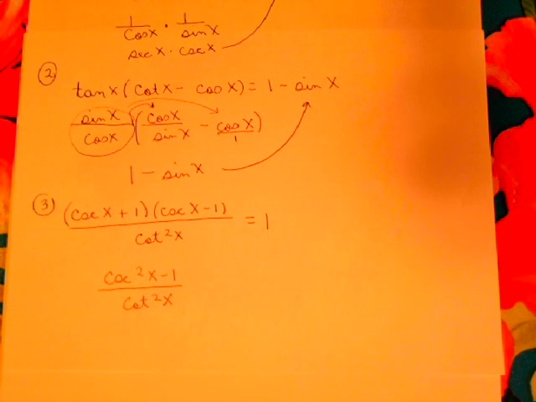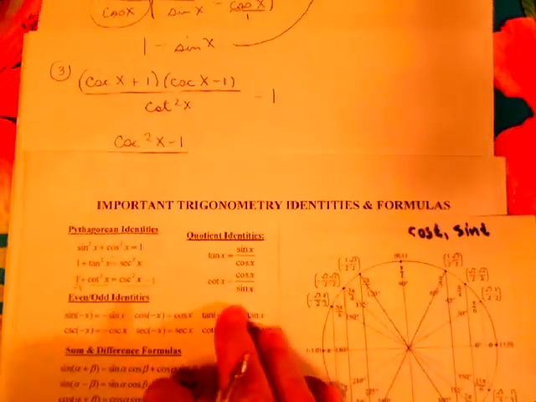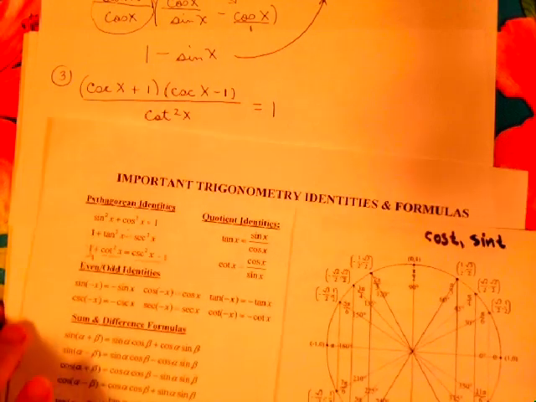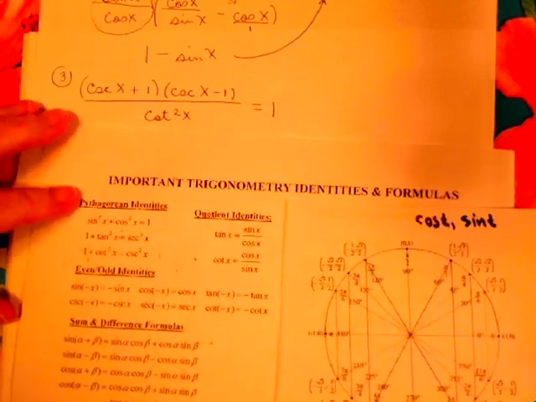And then I'll look at my identity sheet. On my identity sheet, I'll look at those Pythagorean identities, and I see what I have that might be able to be substituted. We have a Pythagorean identity that's 1 plus cotangent squared equals cosecant squared.